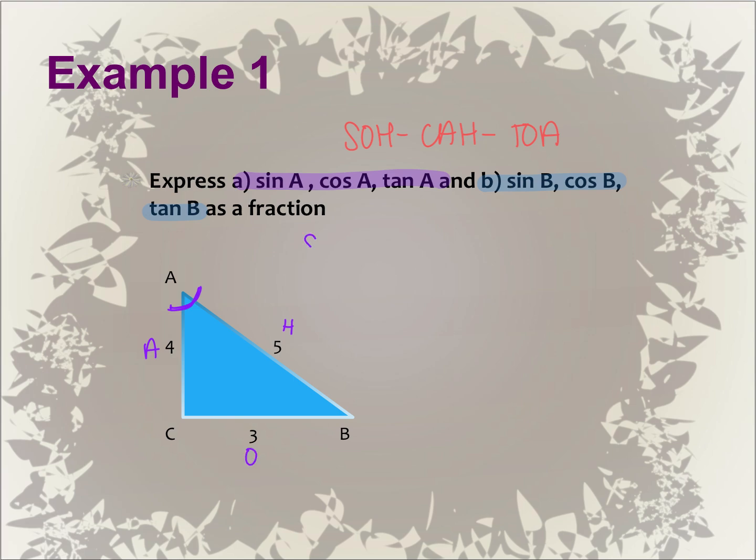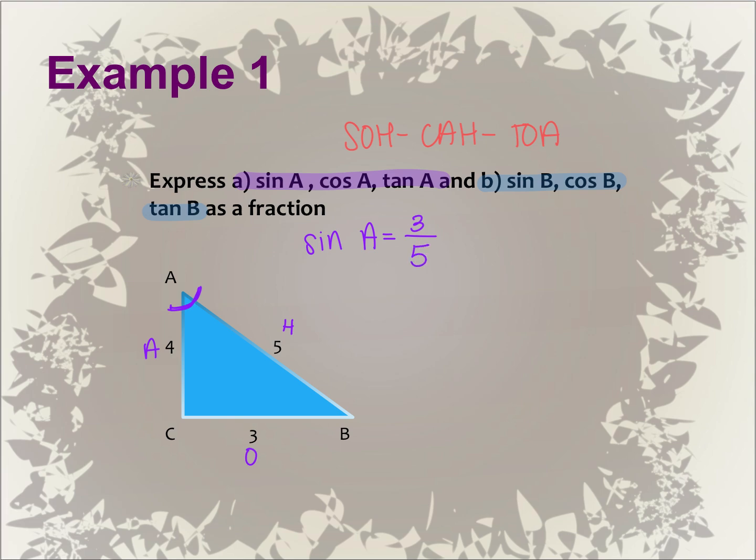So labeling what I have first, I have sine A. Looking at sine, what over what? I have opposite over hypotenuse. What's my opposite side? What's the measure of my opposite side according to angle A? 3. What's my hypotenuse? 5. Good.